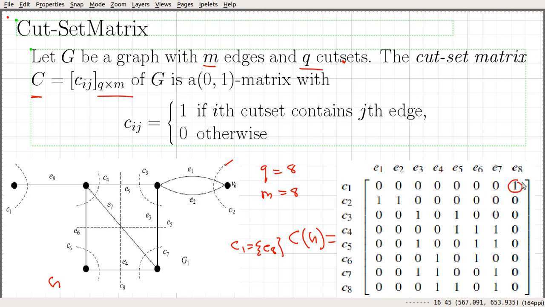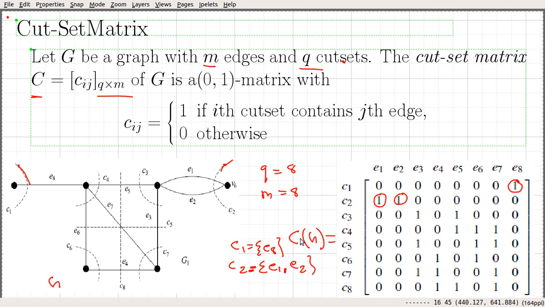That's how we set this entry. Let's look at one or two more examples. Let's consider C2. This was our C1 and this is our C2. C2 contains E1 and E2. So in our cut set matrix, entry 2,1 will be equal to 1, and 2,2 is also equal to 1.